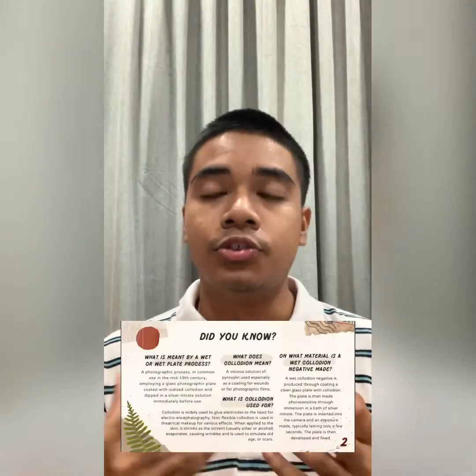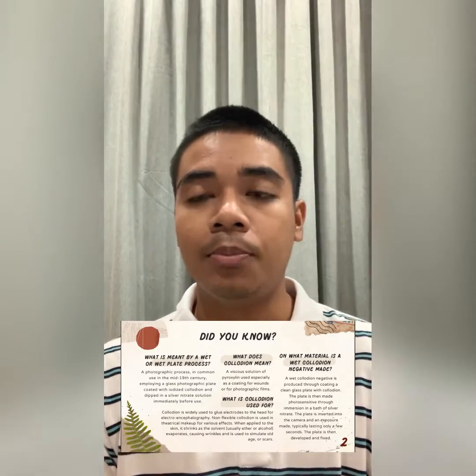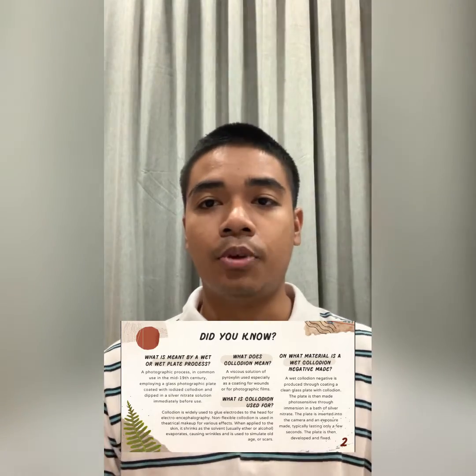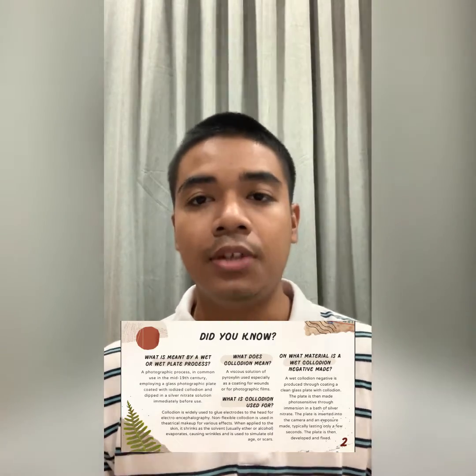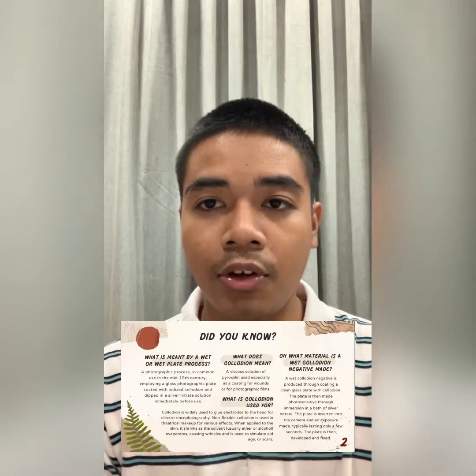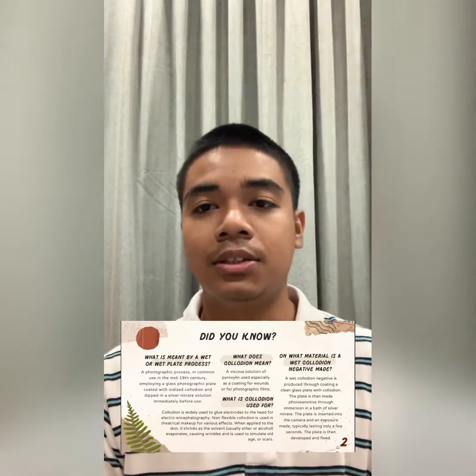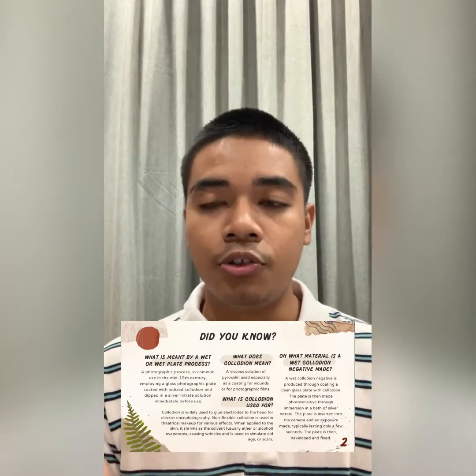So we continue to the second slide: did you know about Frederick Scott Archer? The first point is, what is meant by a wet plate process? A photographic process in common use in the mid-19th century, employing a glass photographic plate coated with iodized collodion and dipped in a silver nitrate solution immediately before use.